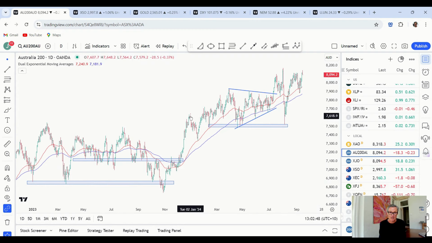And we've also got several all-time highs over the course of the last year. Adding to that, there's a well-defined series of higher lows and higher highs as we go back over pretty much the last 12 months.